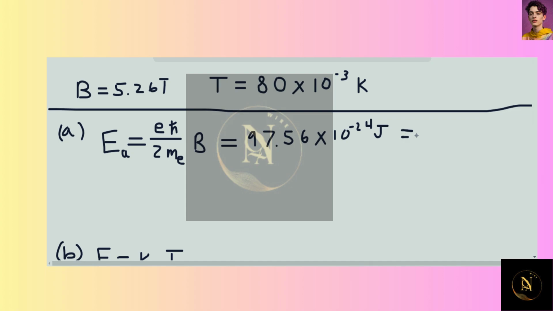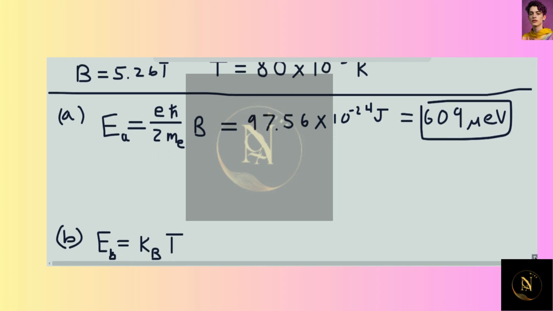This comes out to equal 609 times 10 to the minus 6 electron volts, or 609 micro electron volts. We can box it in as the solution to our question for part A.